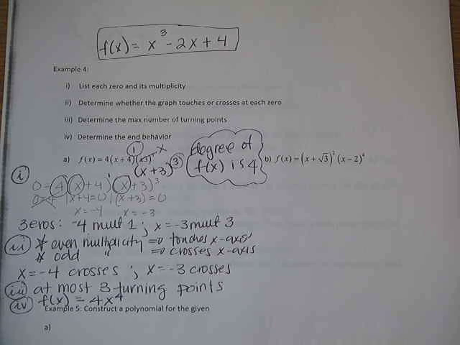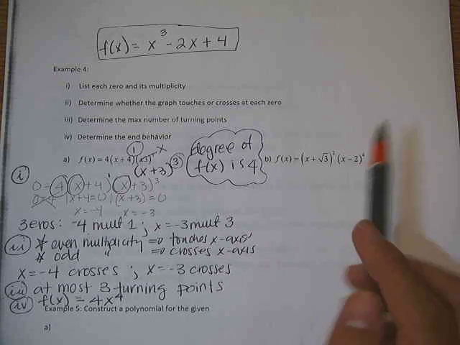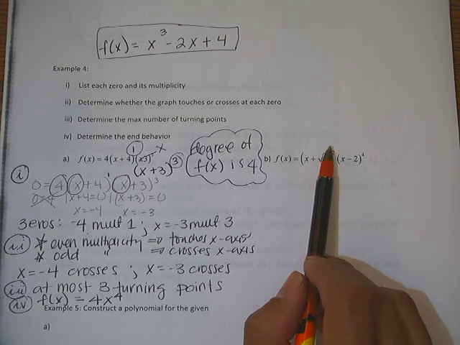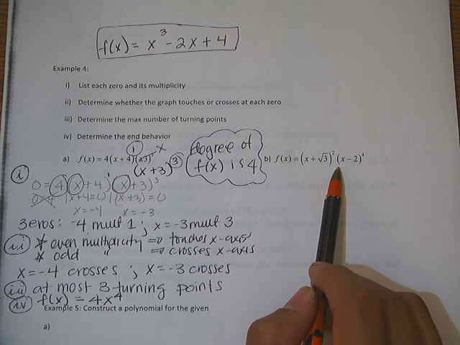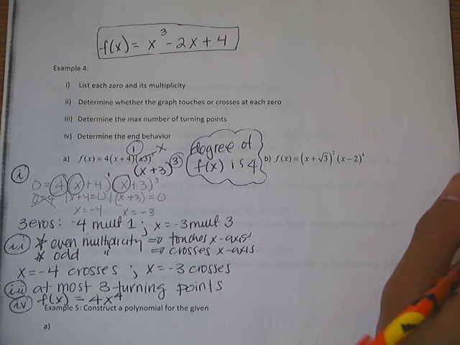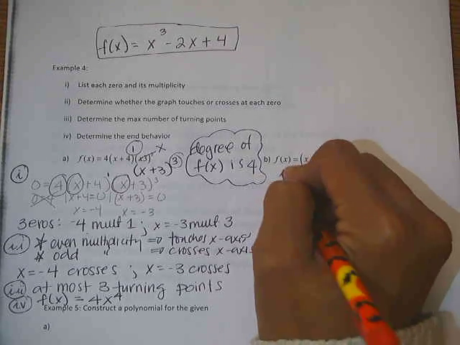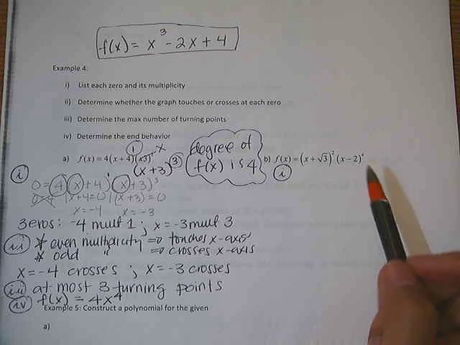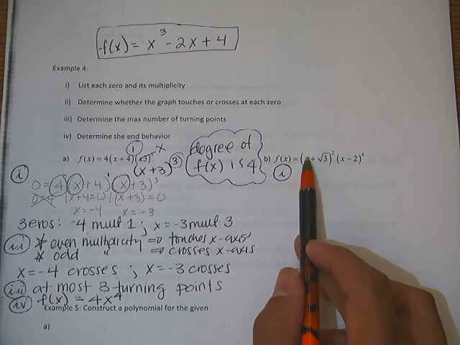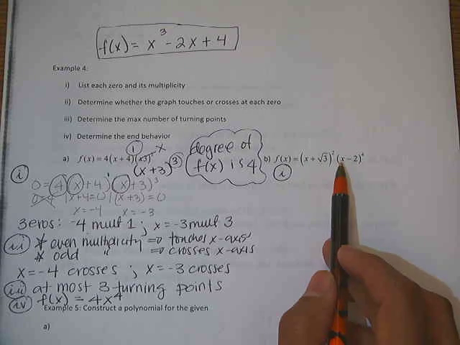Okay, let's move on to this one. f of x equals the quantity x plus square root of 2 to the power of 2 times the quantity x minus 2 to the power of 4. So we're going to talk about 1i. Find the zeros. So the zeros means that I'm going to set each factor equal to 0.